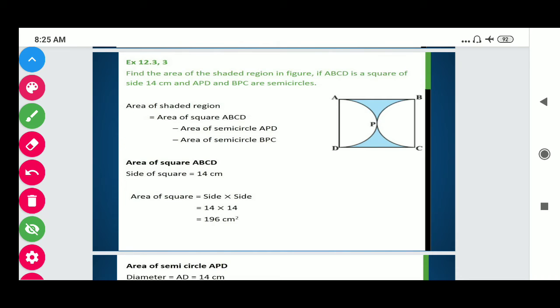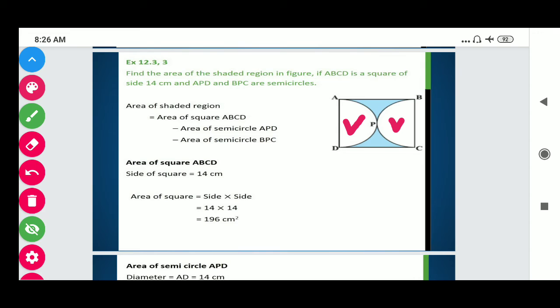You have to simply find the area of the square, that is the square of the side, and after that find the area of the semicircle, and here the semicircle is 2 times, so by adding we get a complete circle. And after that you have to simply subtract this area of the circle from the area of the square. In that way you will find the shaded region.